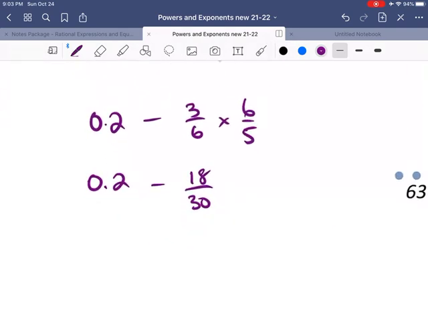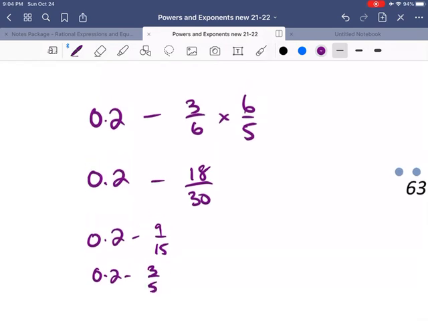And 18 over 30, let's divide that by 2, so 9/15. And if you divide by 3, you're going to get 3/5. Okay. And 0.2 minus 3 over 5.